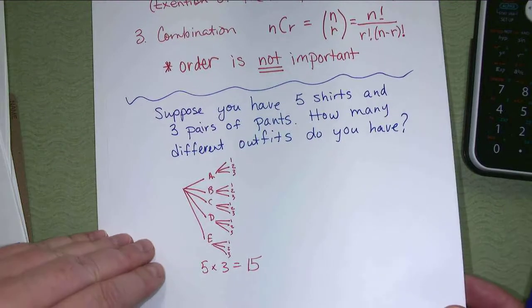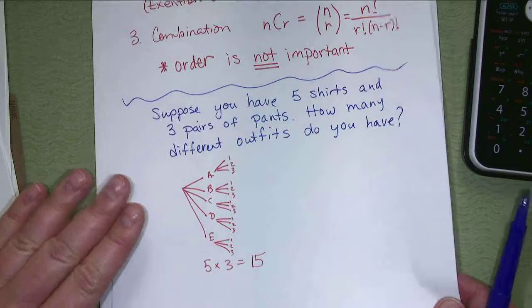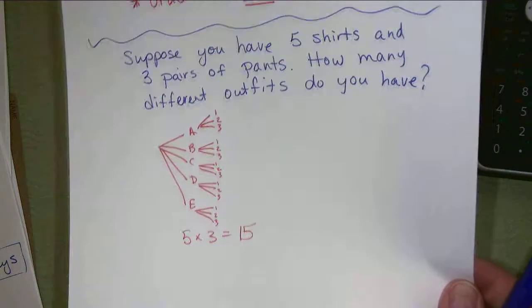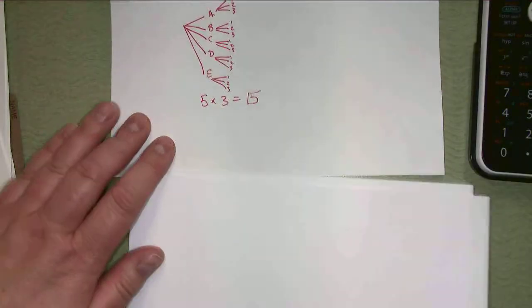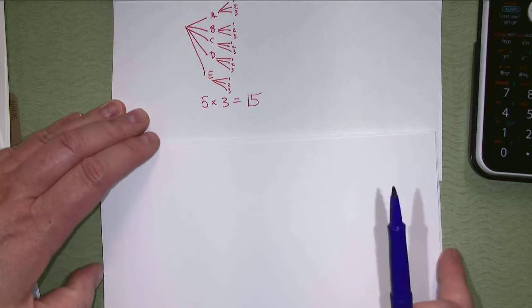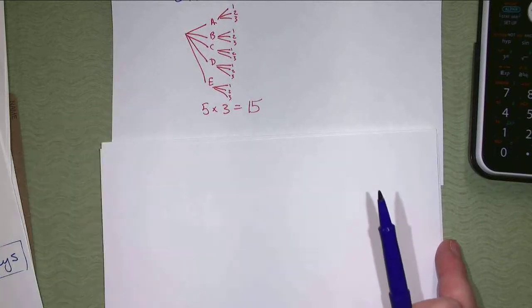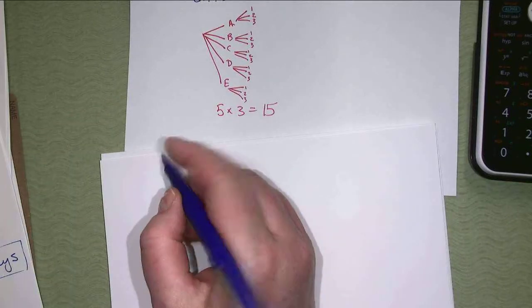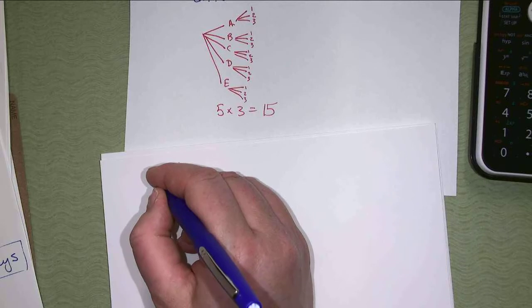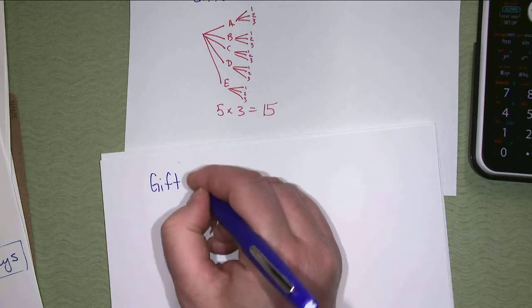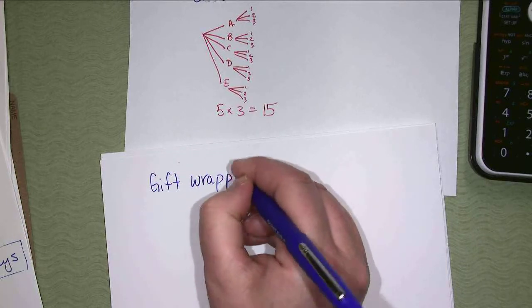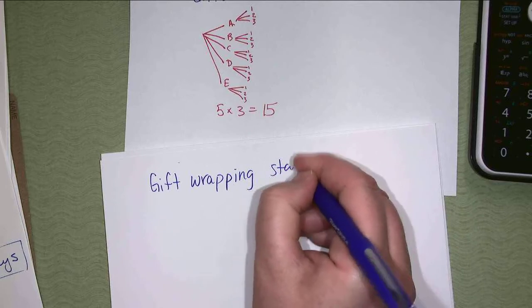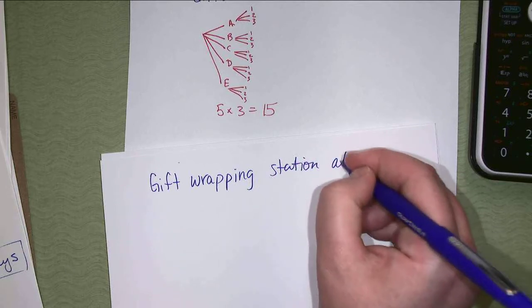Okay, so let me add a little harder one. Say in the mall at Christmas time they do gift wrapping. You can go and get your presents wrapped. So let's say there's a gift wrapping station at the mall.